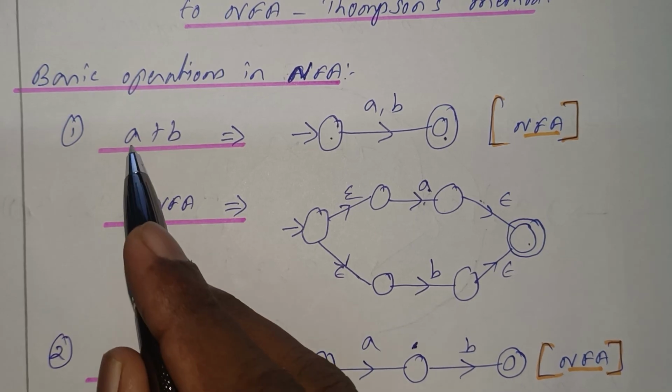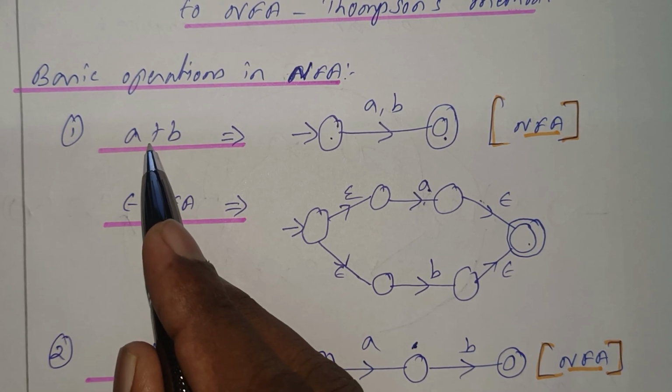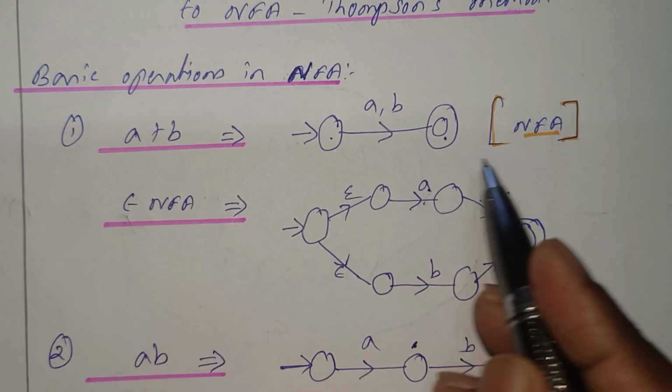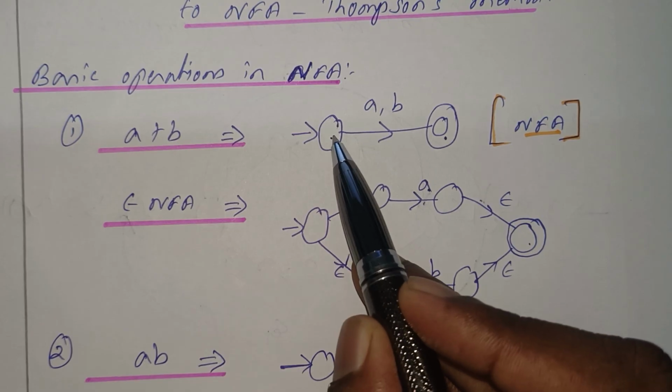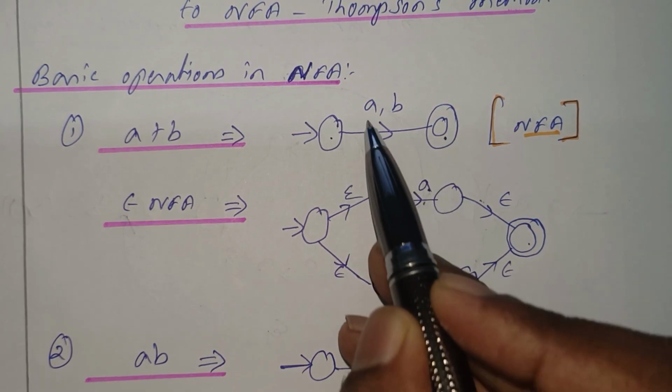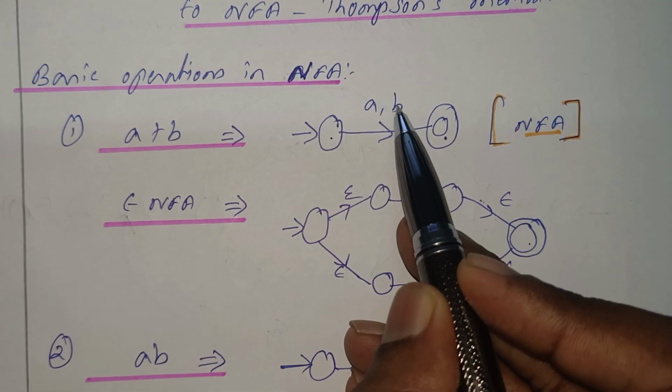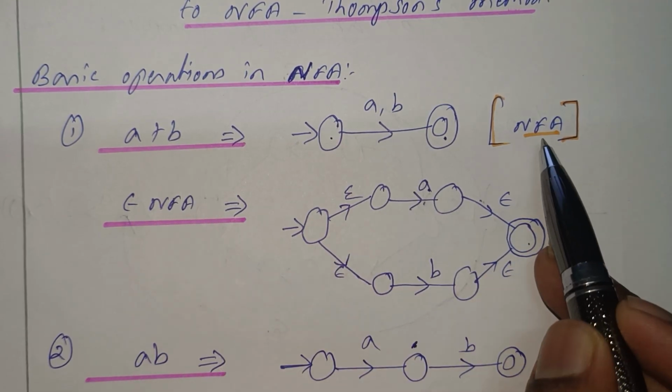Now I have taken this input called A plus B, where plus is a union operator. As you all know how this NFA can be constructed, it has two states: an initial state and an end state. Now A comma B represents A plus B in NFA.